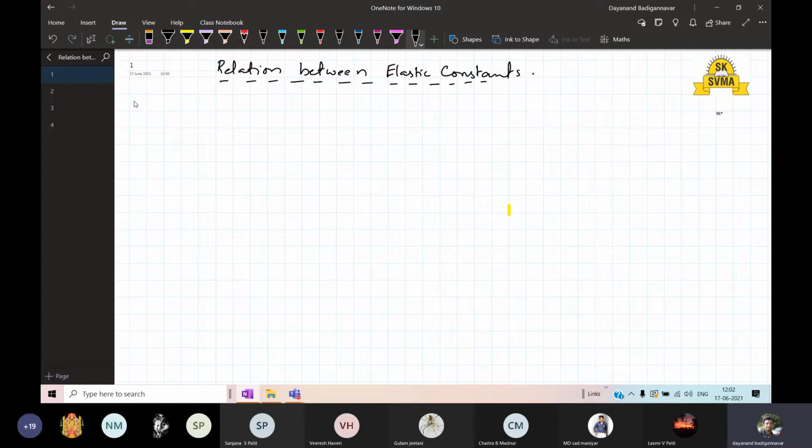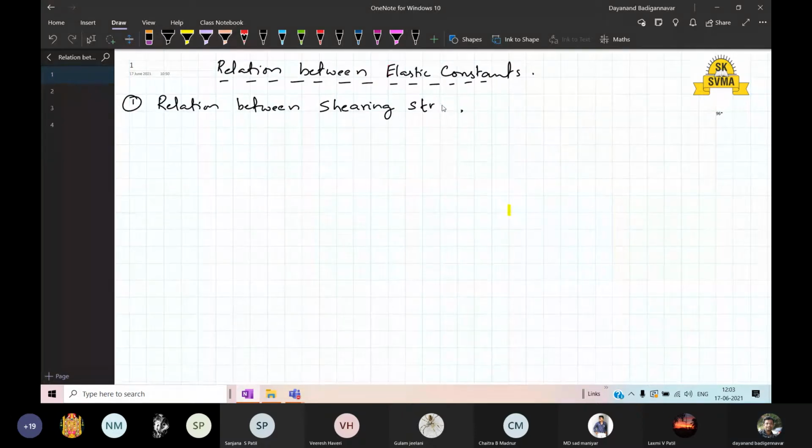The first one that you are going to study is the relation between the shearing strain, then the elongation strain, and the third one is the compressive strain.